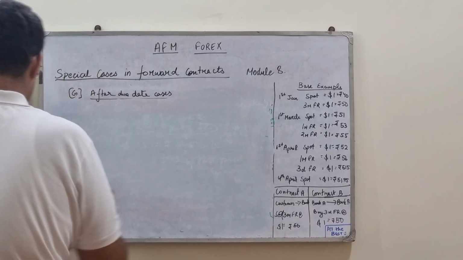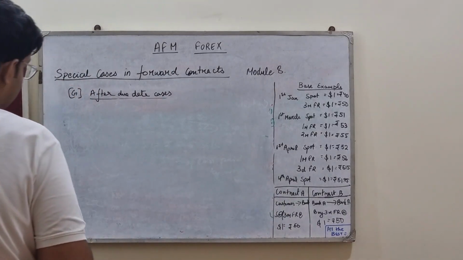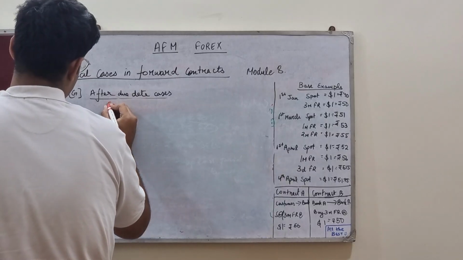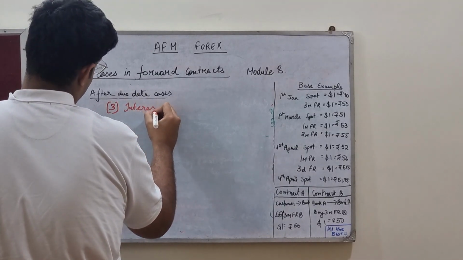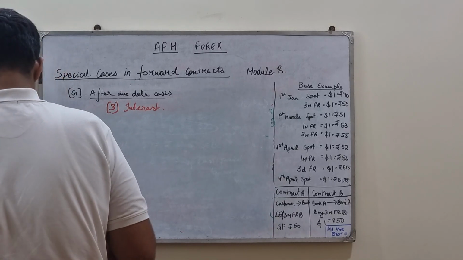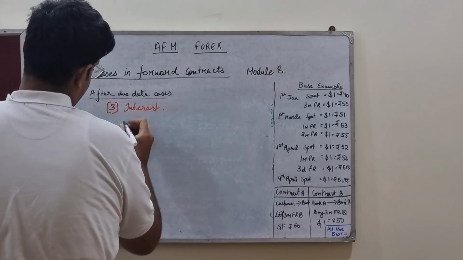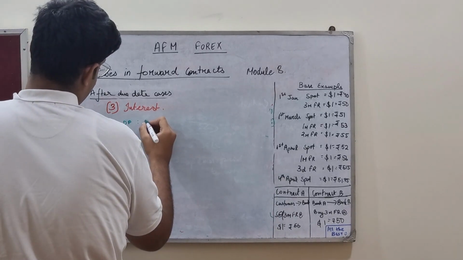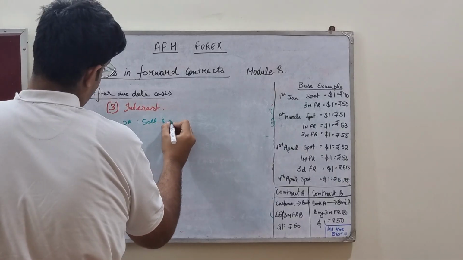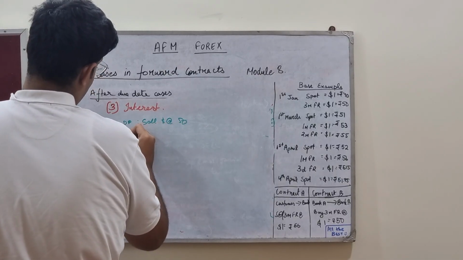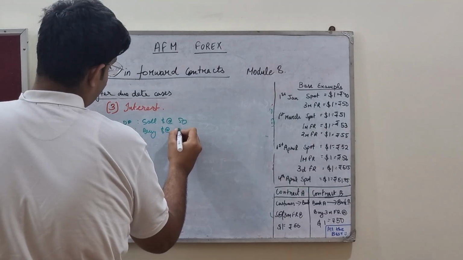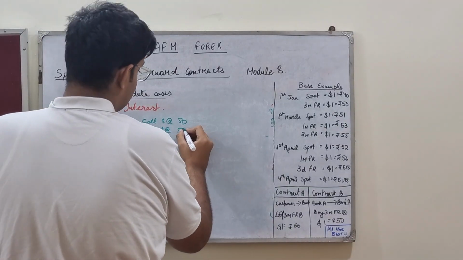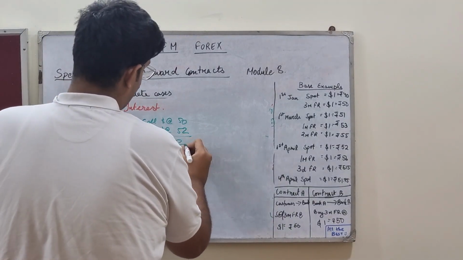Now third and last would be to figure out the interest. Now the original contract was sell dollar at 50. To cancel, buy dollar at 52. So there is a loss of 2.